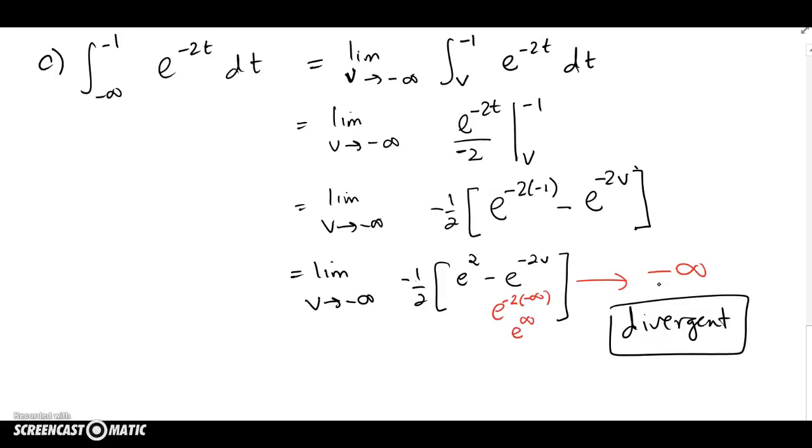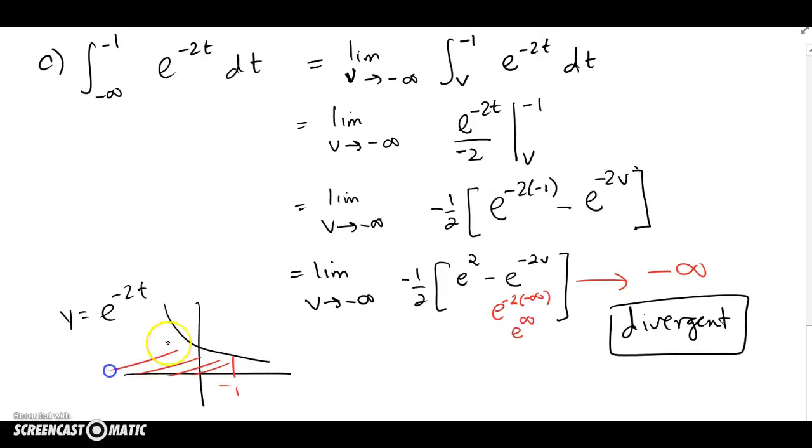Now let's quickly look at the graph of this to get an idea if this makes sense, because not always, but sometimes we get a feel for it by looking at the graph. So we know e to the t looks like the exponential function, and e to the negative 2t is flipped about the y-axis. This integral says to look at the area from negative infinity all the way up to negative 1.